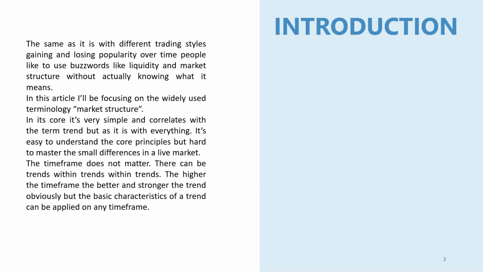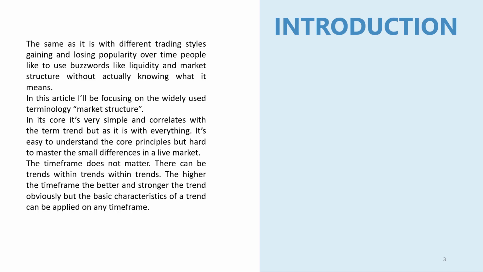So the same as it is with the different trading styles gaining and losing popularity over time, people like to use buzzwords like liquidity, market structure, without actually knowing what it means or what they're talking about. In this section I'll be focusing on widely used terminology, market structure.